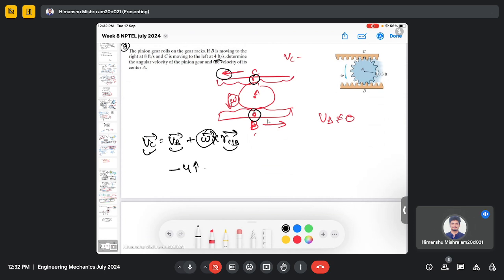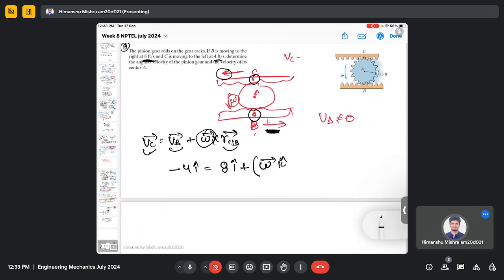Vb is in the positive x direction with magnitude 8 feet per second, so it is 8 i. Omega we need to find, which is in the k direction, cross product with the displacement vector RCB, which is 0.6.